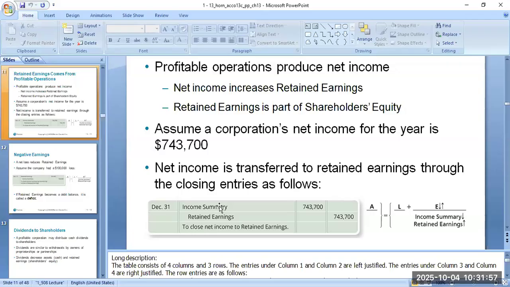So obviously, if you have an account with a credit balance and you want to bring it to zero, you have to debit that account. And that's what's happening here with this journal entry that we're doing on December 31st. We're actually closing the income summary account into retained earnings.